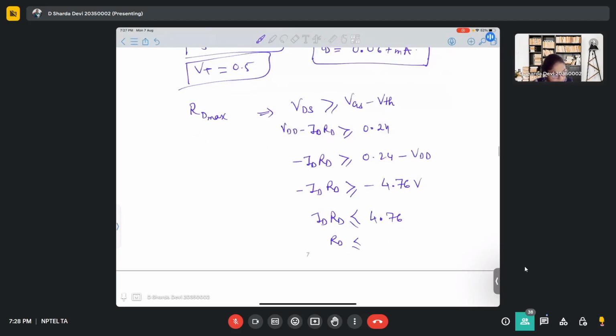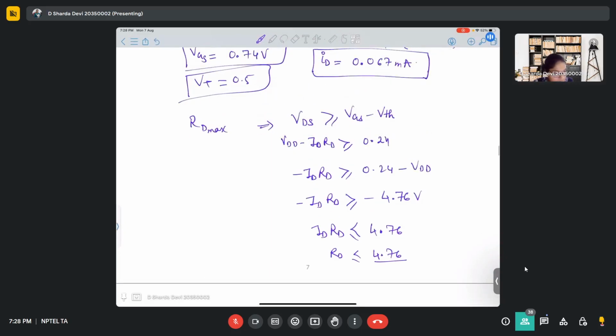RD should be less than or equal to 4.76 by ID. ID is 0.067 milliamps. When you solve this equation, the RD value that you'll get is 71.04 kilo ohms.